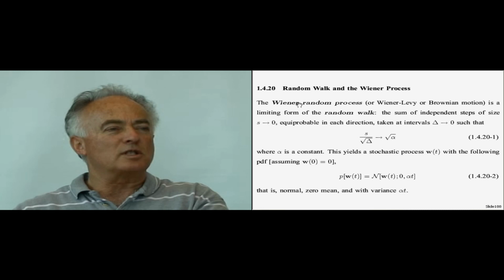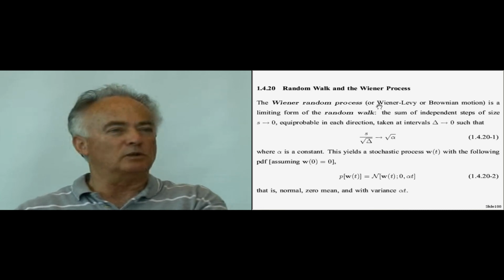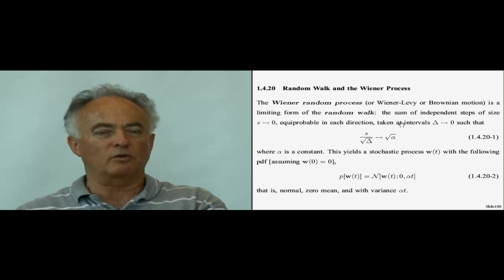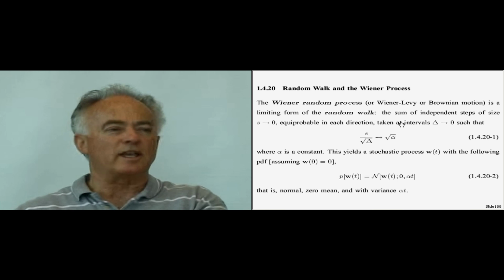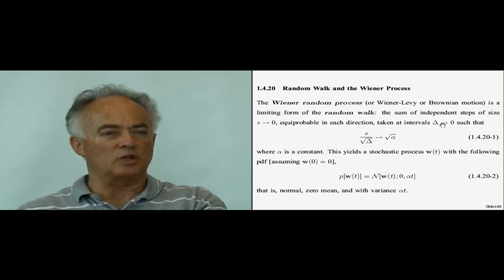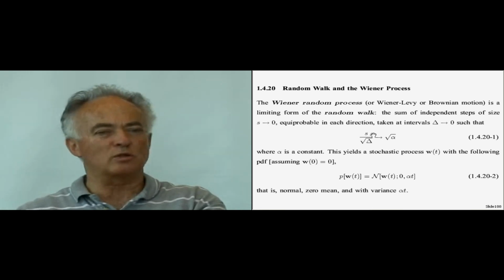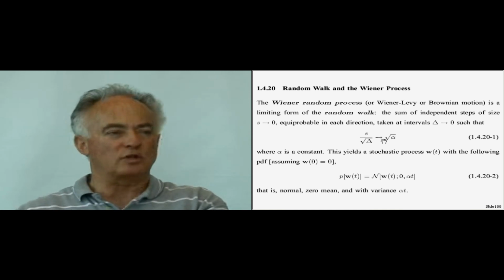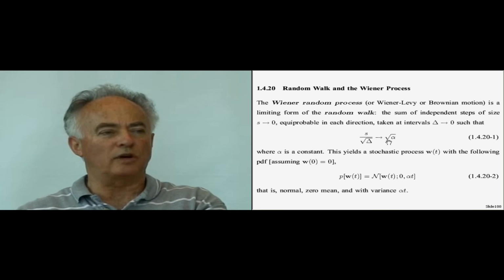The Wiener random process, or Wiener-Levy, or Brownian motion, is a limiting form of the random walk, namely the sum of independent steps of size s, which goes in the limit to 0, equiprobable in each direction, plus or minus s to the left or right on the real line, taken at intervals delta going to 0, such that the ratio between the step size s and the square root of the interval of time at which a step is taken goes to a constant denoted as square root of alpha.